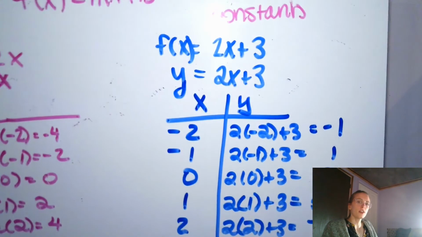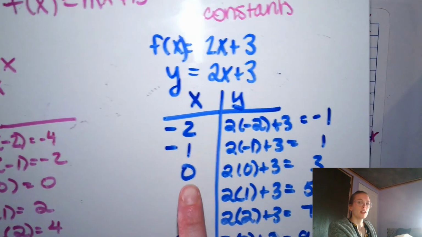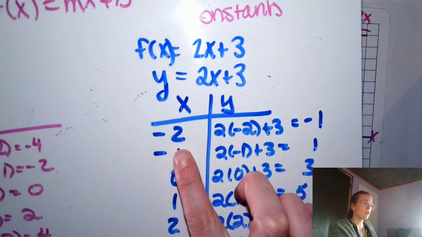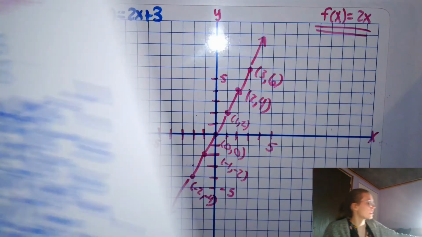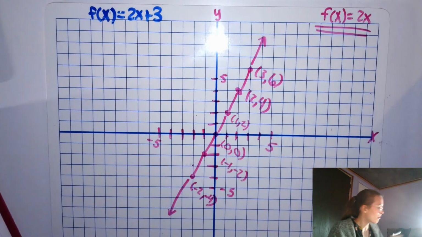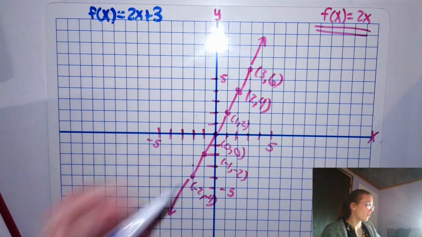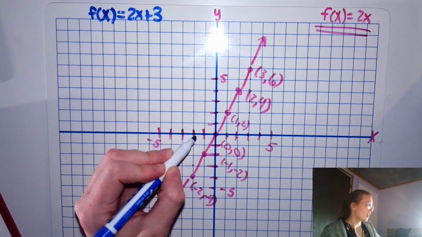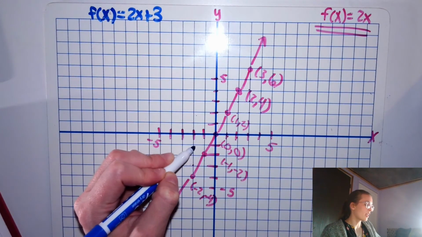So now we're going to do the same thing. We start off with the point, x is -2, y is -1. So that's the first point we start off with. Got x is -2, so go over to -2 on the x-axis, and then y is -1, so down to -1 on the y-axis.